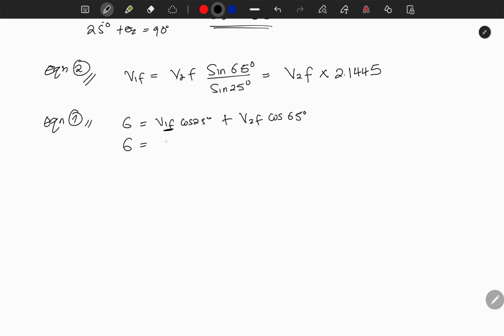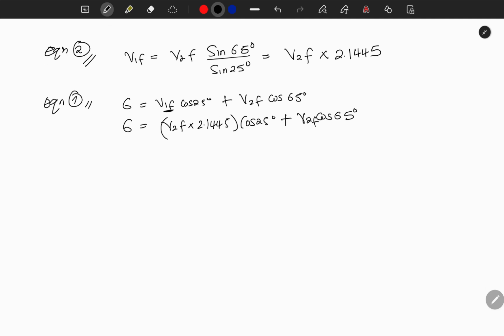In place of v1f, we substitute v2f multiplied by 2.1445. Then we have cos 25 there plus v2f there cos 65 degrees. Of course, when we punch everything here, we are just getting a single number. That's a fact.